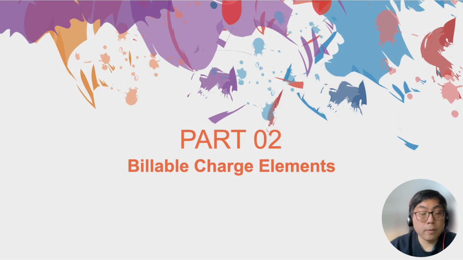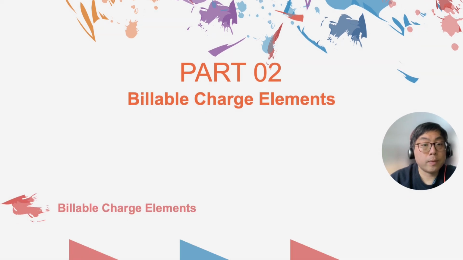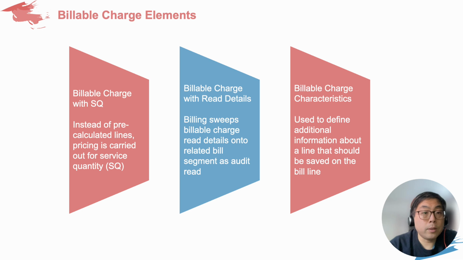Okay, let's have a look at what are the elements for the billable charges. There are 3 main elements in the billable charge. First one is service quantity, second is read details, and the last is the line characteristic.